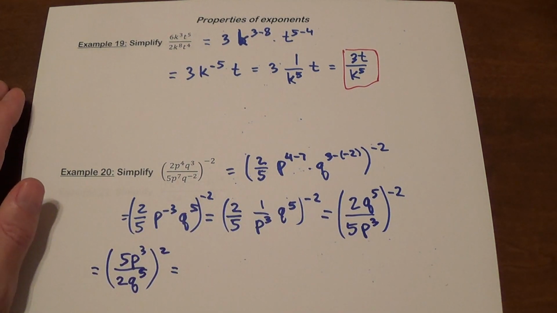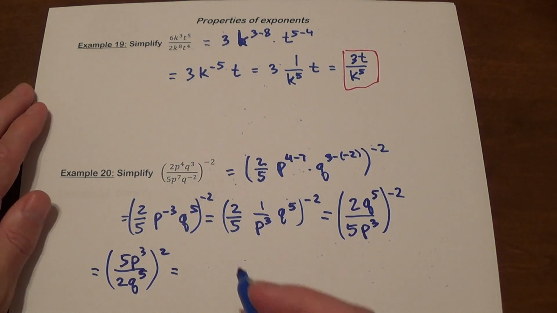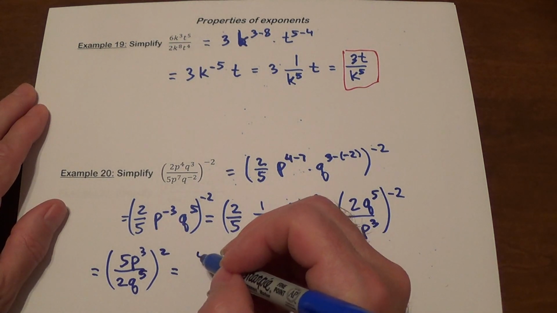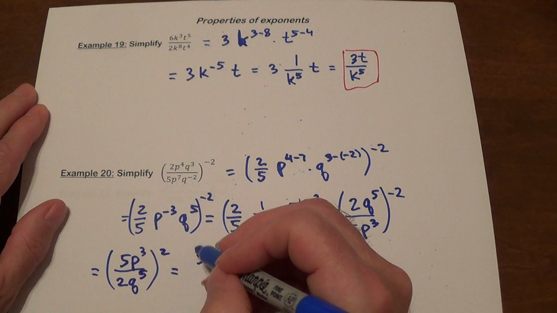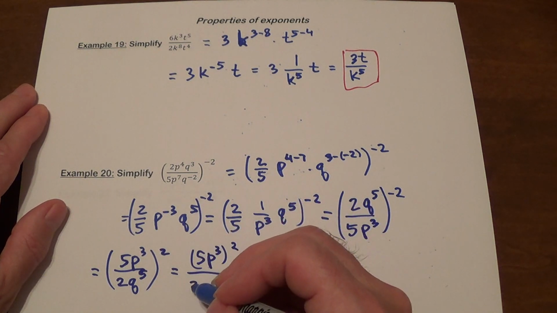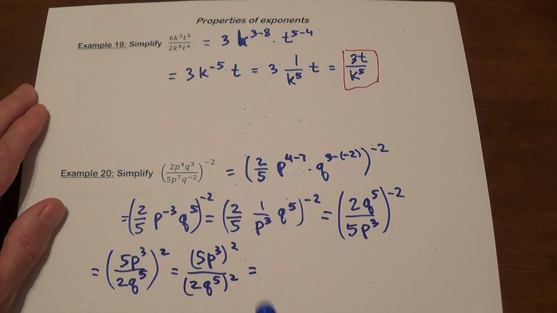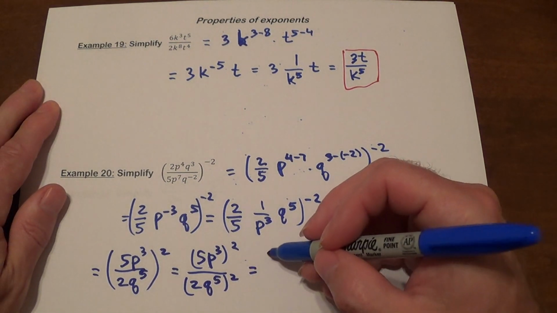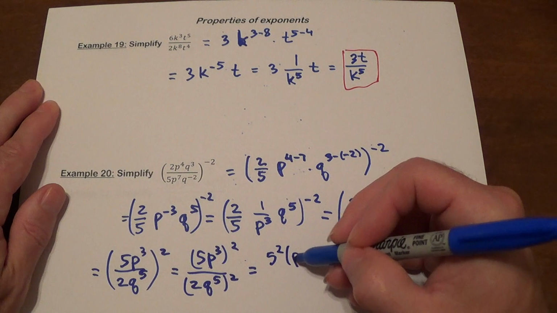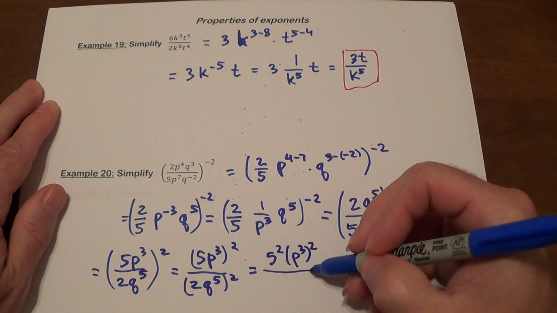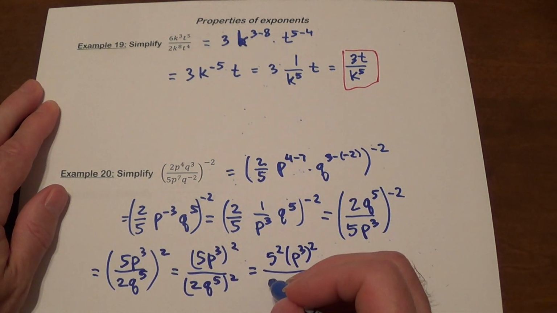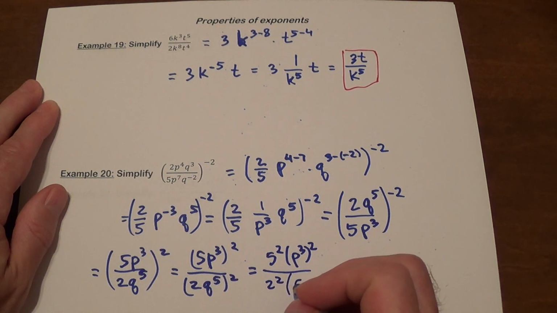So now all that needs to be raised to that power. And first we're going to do individually numerator and denominator. That's 5p cubed squared over 2q to the 5th squared. Apply to each one. It's 5 squared times p cubed squared divided by 2 squared times q to the 5th squared.